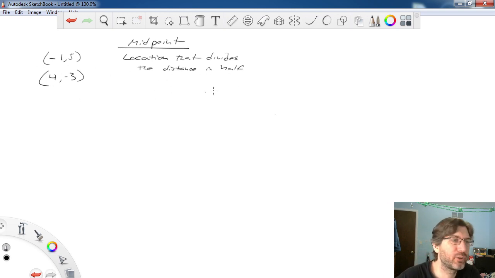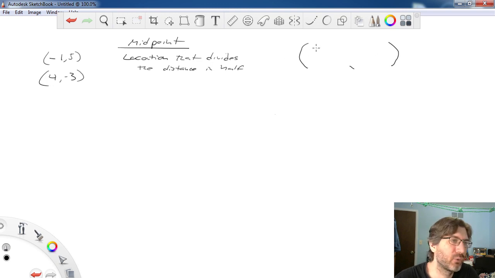So we do have a formula for that, and it's kind of a strange looking formula because it's actually 2 formulas in one. You got to do the x coordinate and then you got to do the y coordinate as well, but it's actually pretty straightforward. So it is set up to look like an ordered pair. This one here would be your x coordinate, this one here would be your y coordinate.